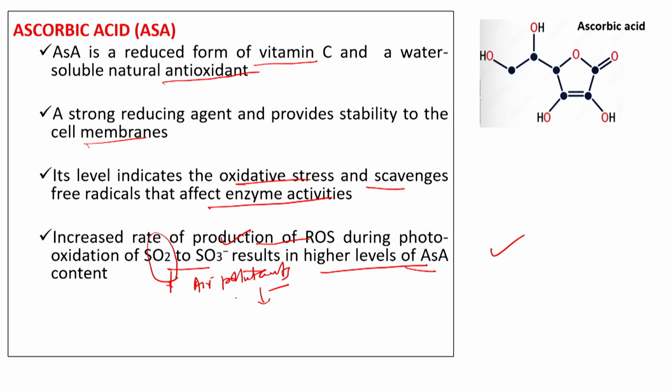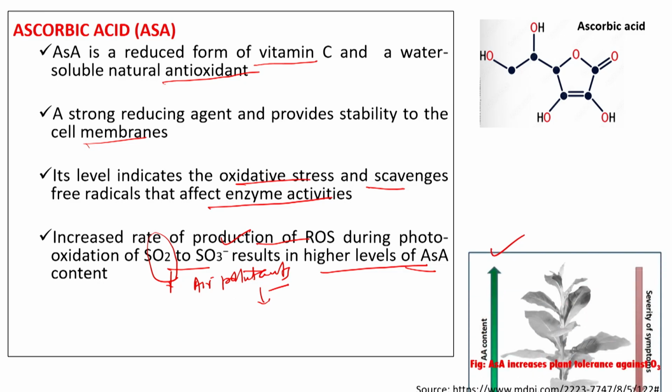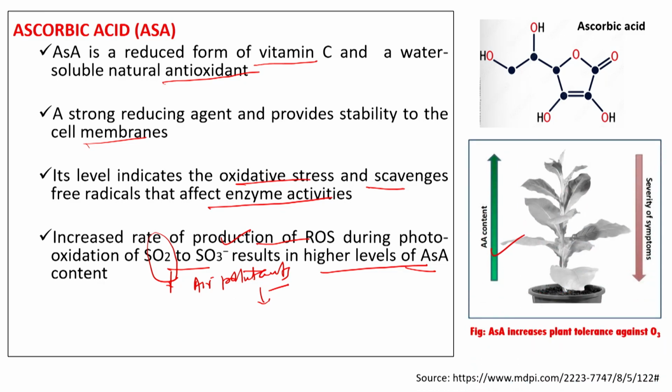This is very important, and this is why we need to understand all the concepts. You can see that ascorbic acid increases plant tolerance against ozone as well. Ozone is also an oxidizing species, so any photo-oxidizing or oxidizing species is going to create problems.